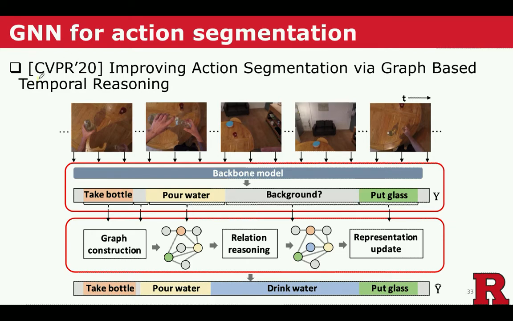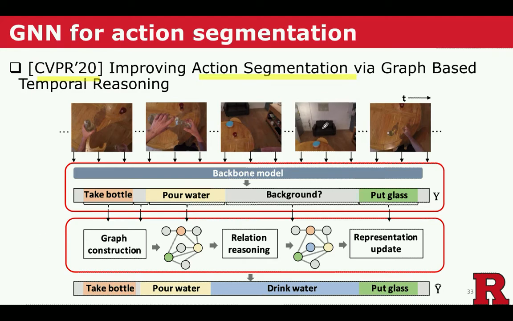This CVPR 20 paper uses a GNN for the action segmentation task. Action segmentation basically means that, given a video, you need to temporally localize the actions performed in the video.